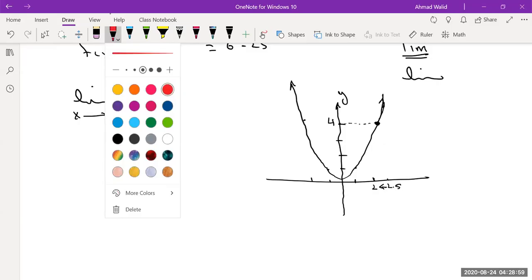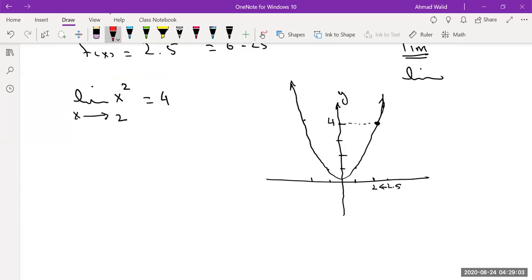When I'm going from the right, closer and closer to 2, when I reach very close to 2, how much is the value, or the height, of this curve? 4.